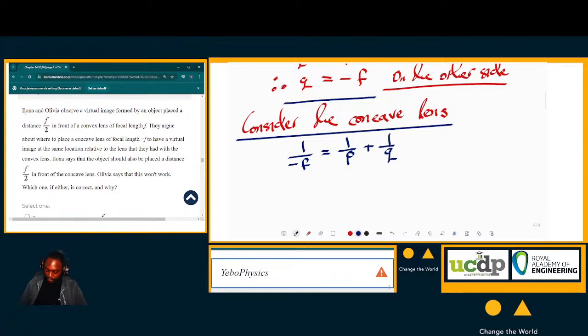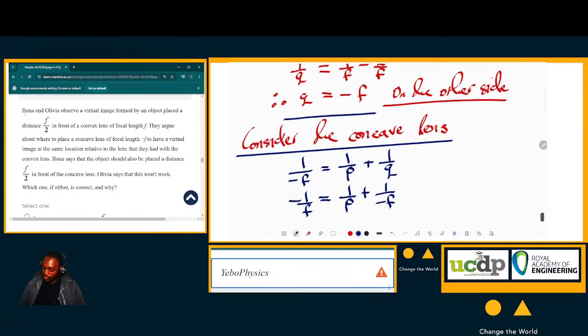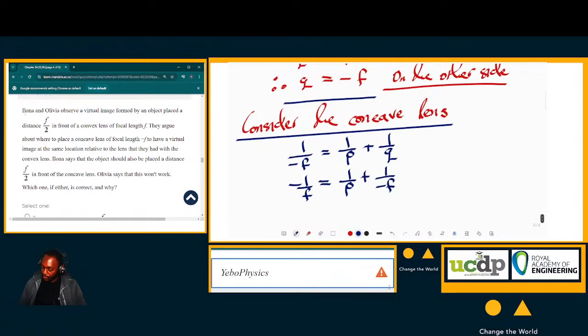So this becomes negative 1 over f equals 1 over p plus 1 over negative f. So we've substituted, because Ilona is arguing that we want to maintain the same position. Therefore, if we're maintaining the same position, the image should be formed at the same position, right?